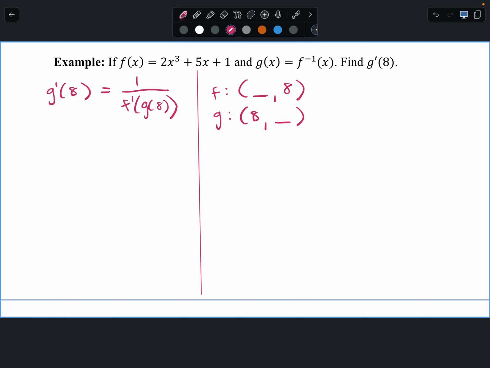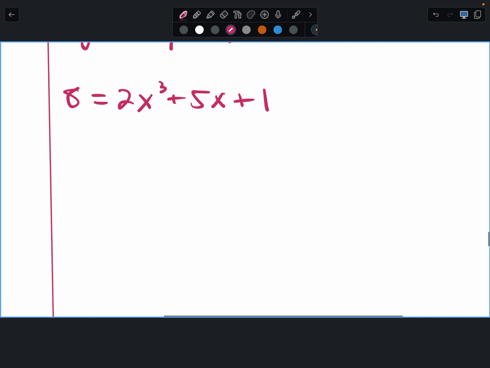So in order to find this x value, which would then give us what g of 8 is, we can think about setting f of x equal to 8. Okay, and then now we have a polynomial equation to solve.